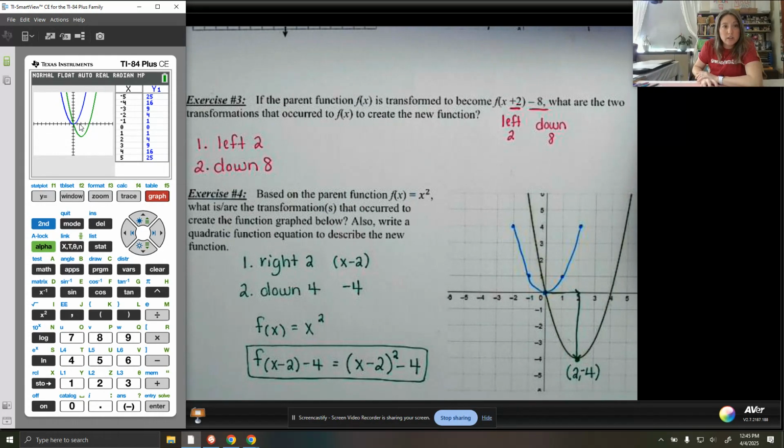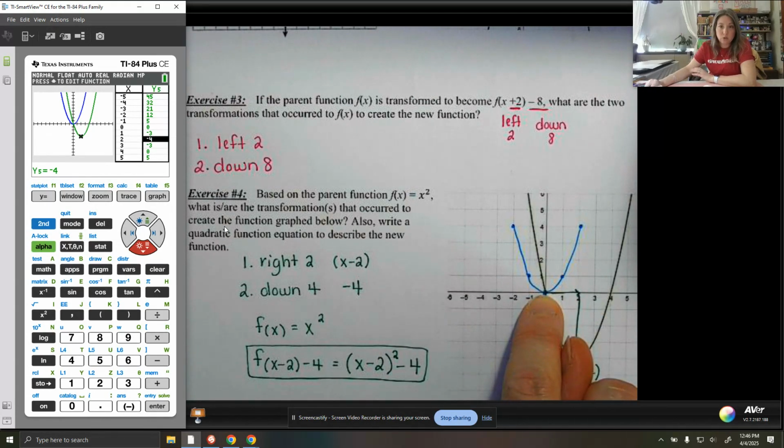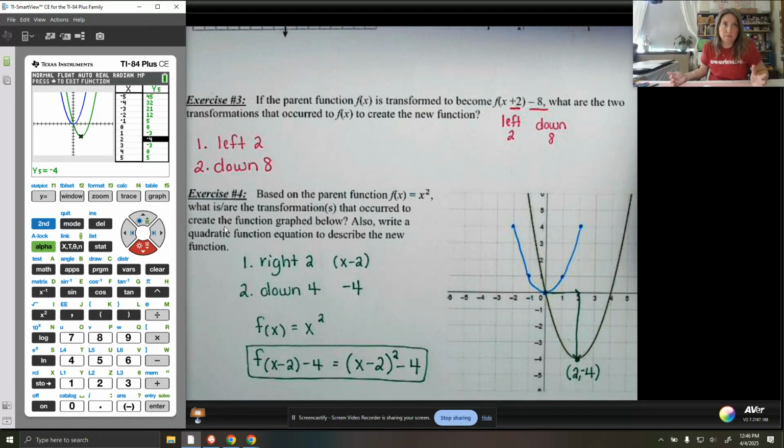And sure enough, right 2, down 4. Let's press second graph to look at our actual table. So I'm going from 0, 0 to, look at that, negative 4 for finding those points. Now this one still did have a 0, 0 on it, just like ours up here. It just isn't the vertex anymore.